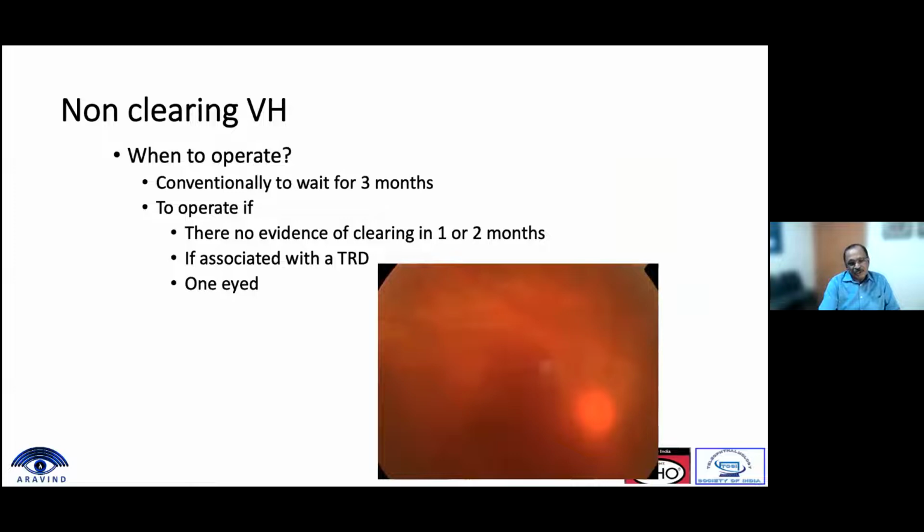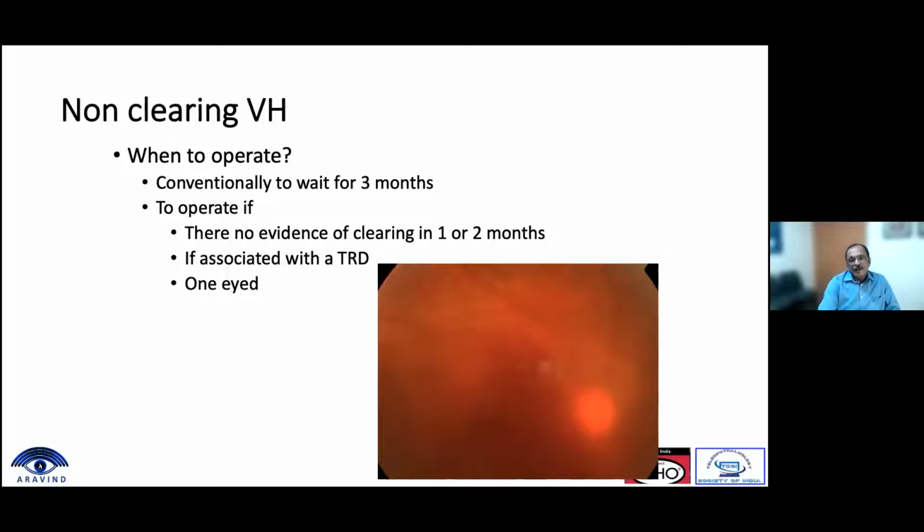So we were conventionally taught to wait for 3 months. If there is no evidence of clearing, then you would operate. If it is associated with a tractional detachment, you would even consider operating earlier, or if it is a one-eyed patient, you would consider doing a vitrectomy.